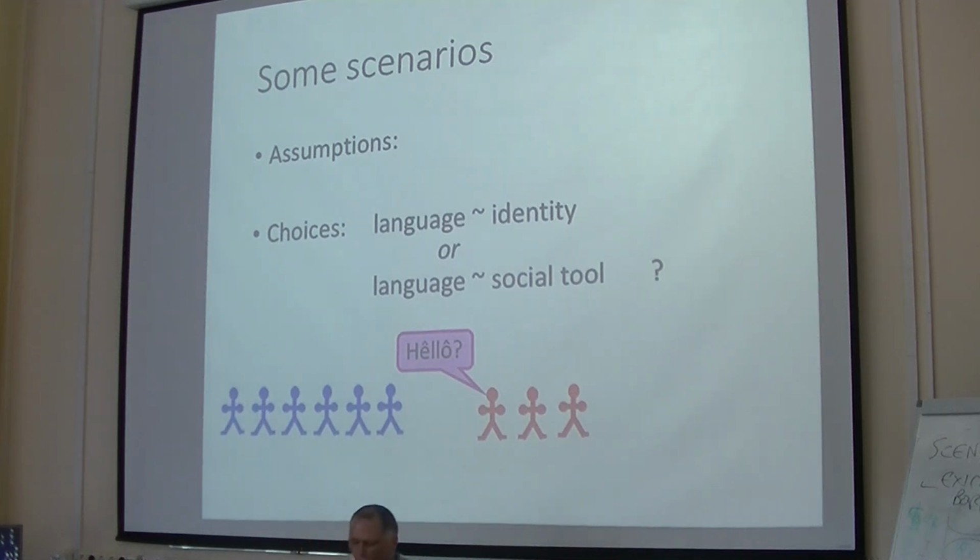So, what other options can we come up with? It might be, right at the beginning, our red people, at least one of them, speaks blue. This is also a language contact event, because no matter how well those red people speak blue, those red people have some hint of an accent in there.